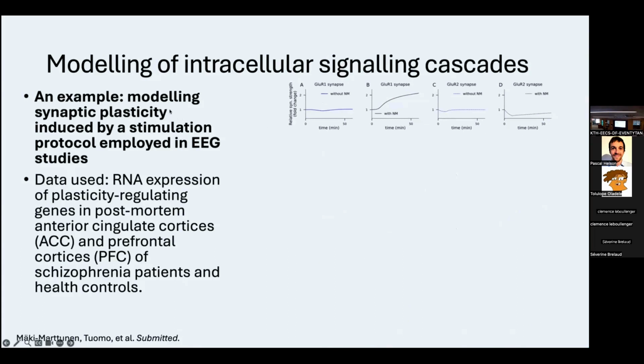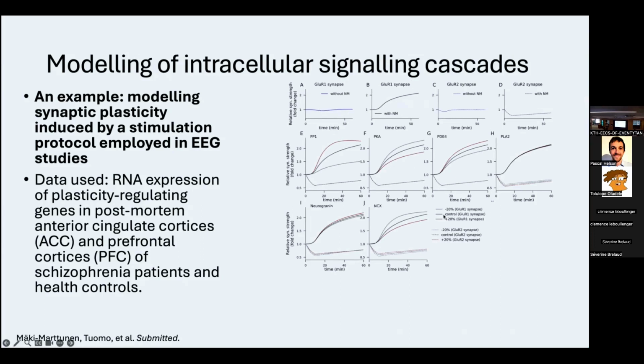But now coming back to this VEP-like plasticity, the LTP-like plasticity of VEP. There they used a 10-minute intervention block. So for 10 minutes they showed the subjects the reversing checkerboard stimuli. And we model it so that for each of the reversals you get a calcium input. But we study both GluR1 dominated and GluR2 dominated synapses because we don't know if the plasticity that is seen is LTD or LTP.